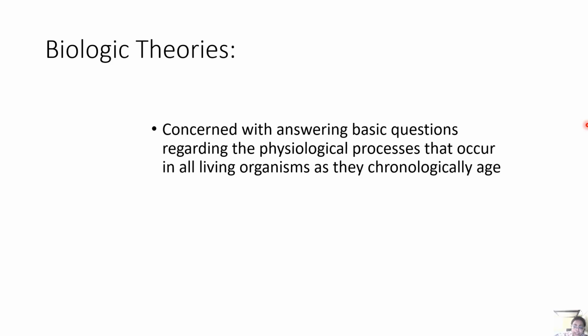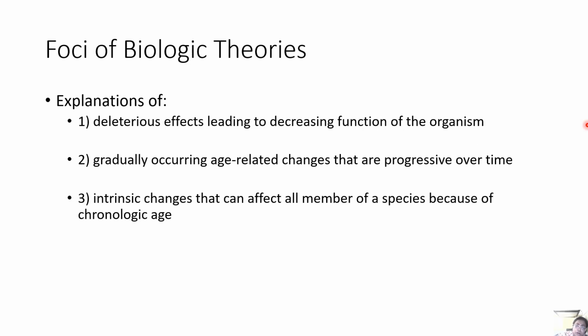The biologic theories are concerned with answering basic questions regarding the physiological processes that occur in all living organisms as they chronologically age. Okay, so what is the focus of the biologic theories?